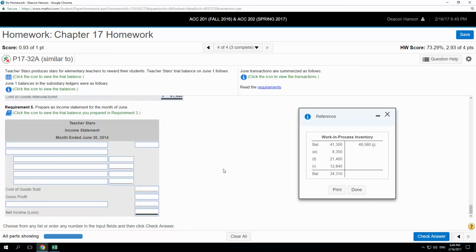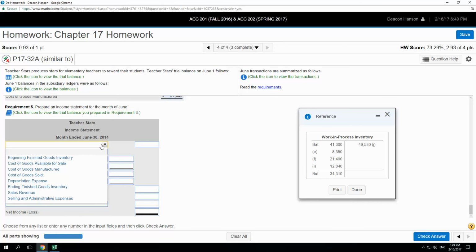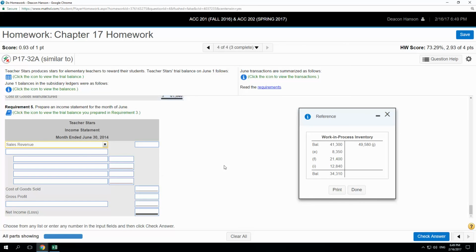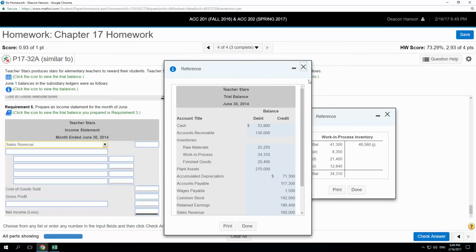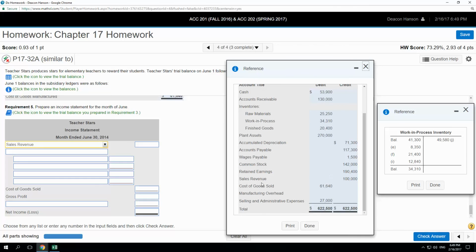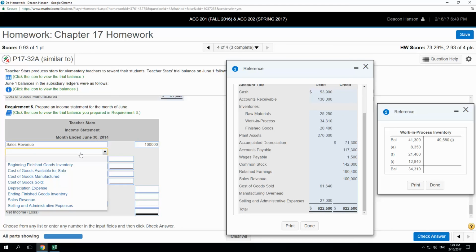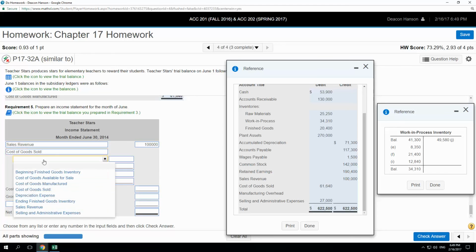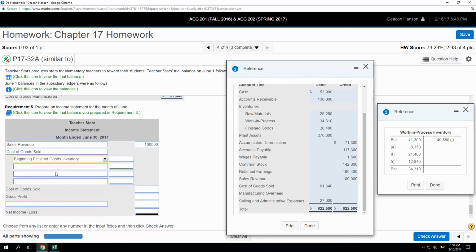Now it wants an income statement, so we'll do sales revenue, and that's going to be from my sales figure from my trial balance. So my sales figure is 100,000. Okay. And then we're going to figure out cost of goods sold. So we start with beginning finished goods inventory, which is, where do we put that?